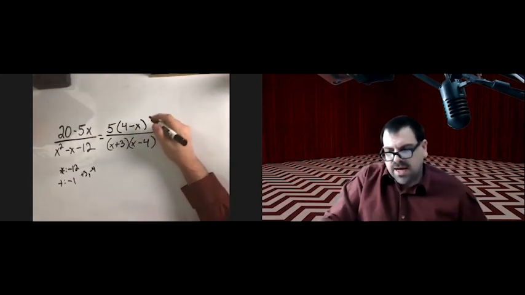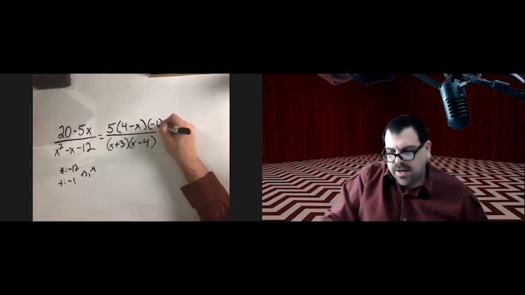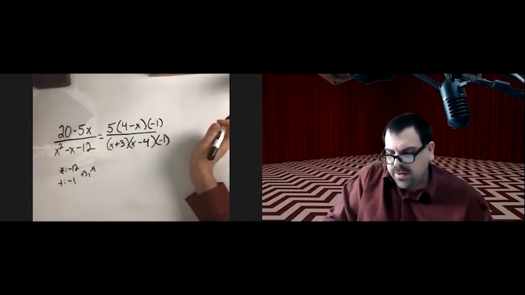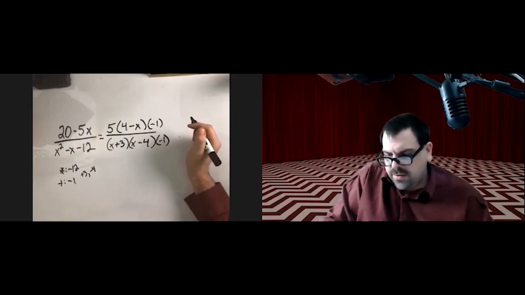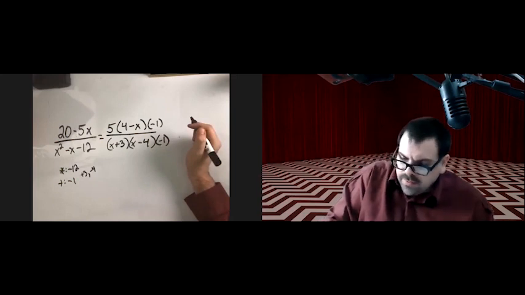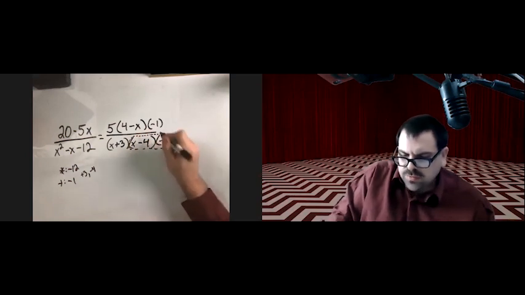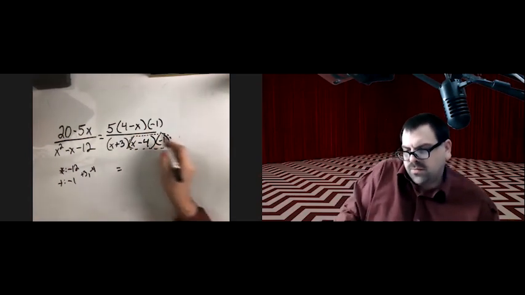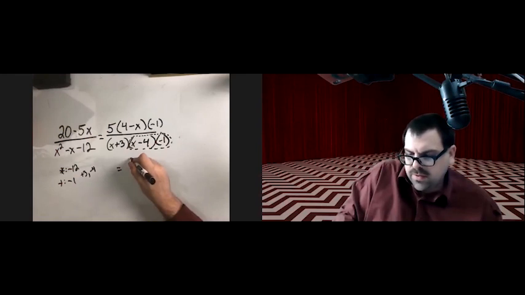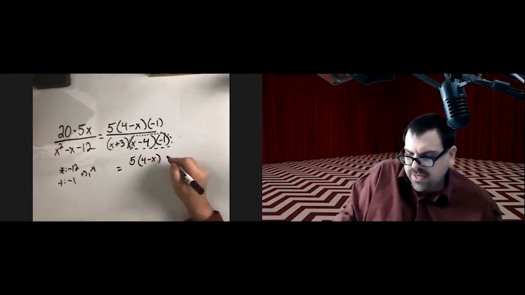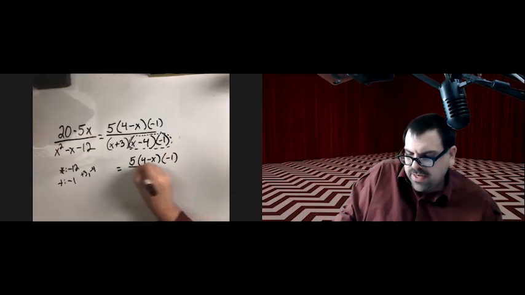If I multiplied top and bottom by -1, but only actually multiplied one of them out, that leaves me with the 5 and a 4 minus x and a -1 on top.